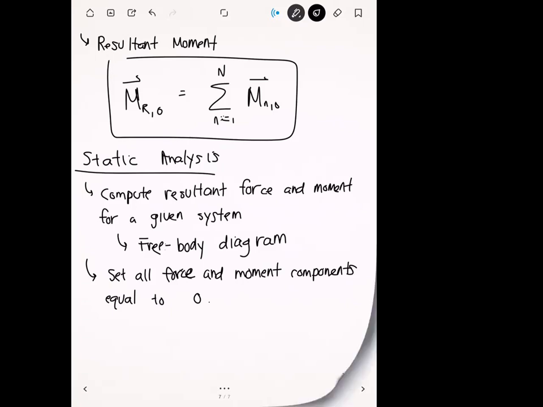Okay. All right. And so let's talk about some special force systems that are out there. These force systems are good to know.